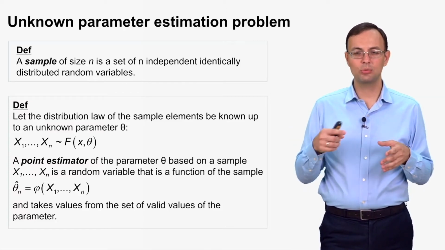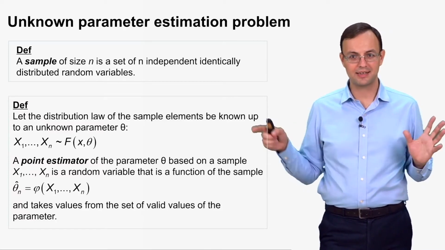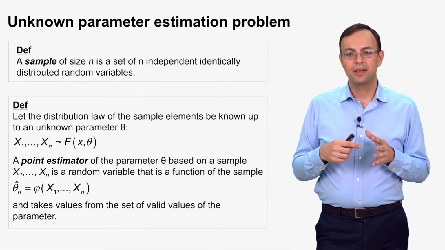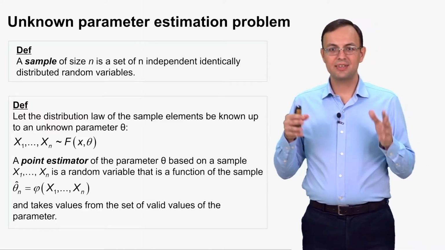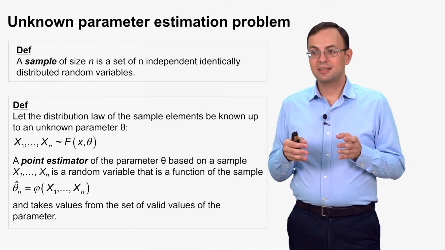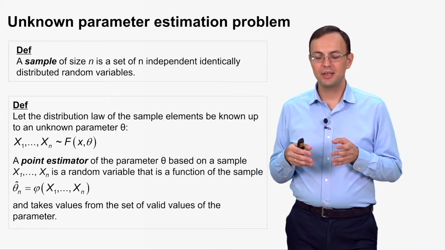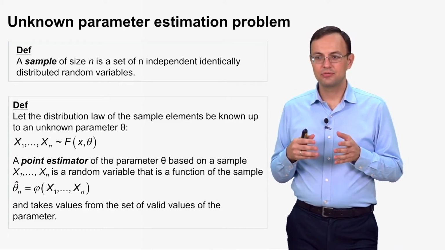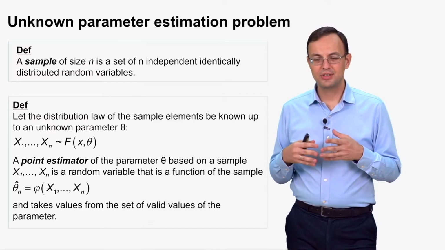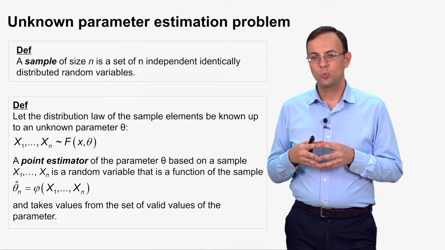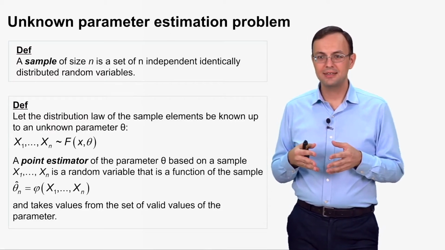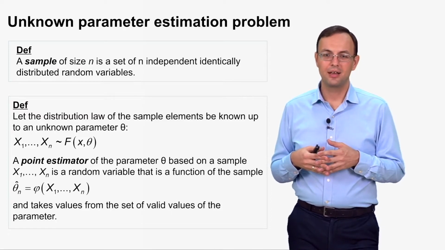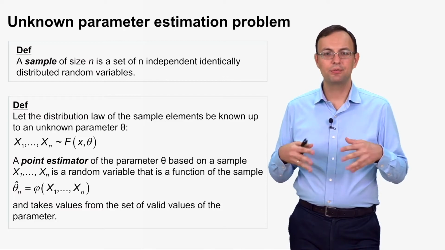So it is equal to phi of x1, ..., xn. This is the definition. But if we try to understand this definition, we can see that actually it is not very informative.